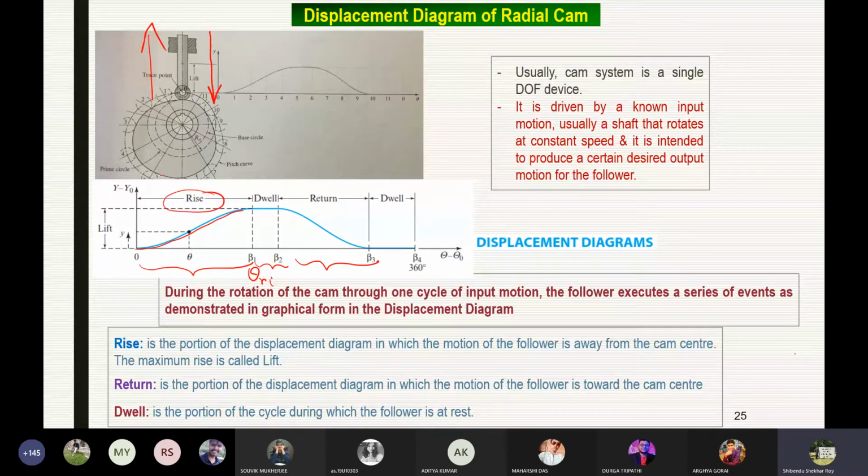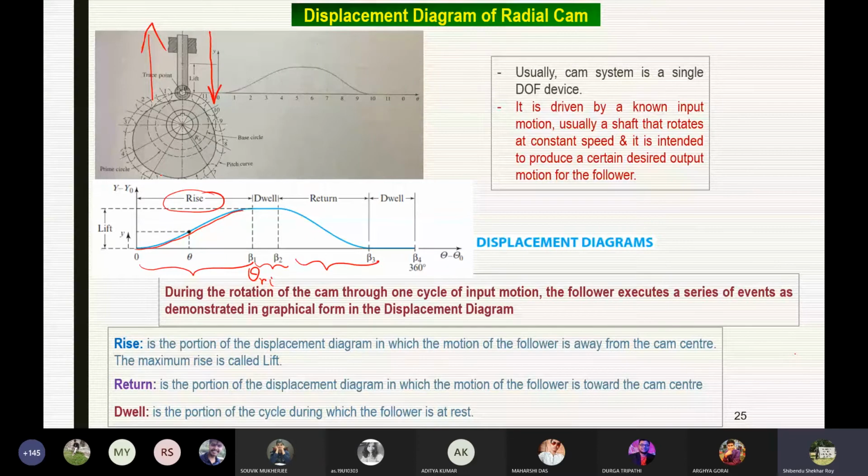It will reach a maximum height, and that maximum height is known as the throw, stroke or lift, after the rise phase.